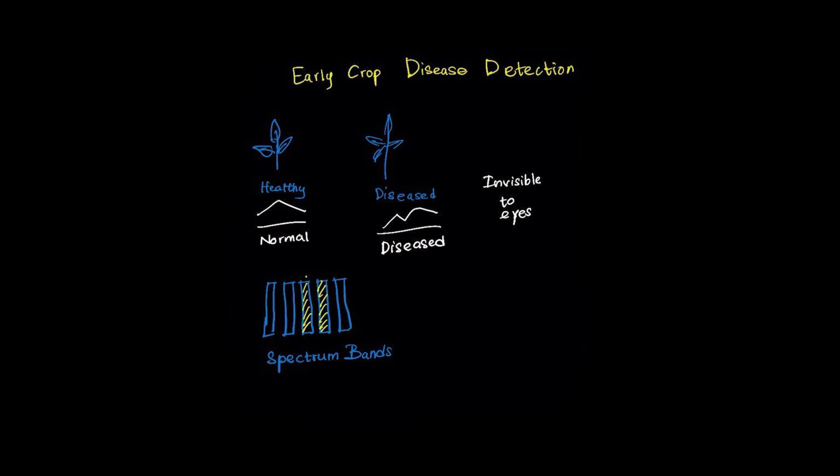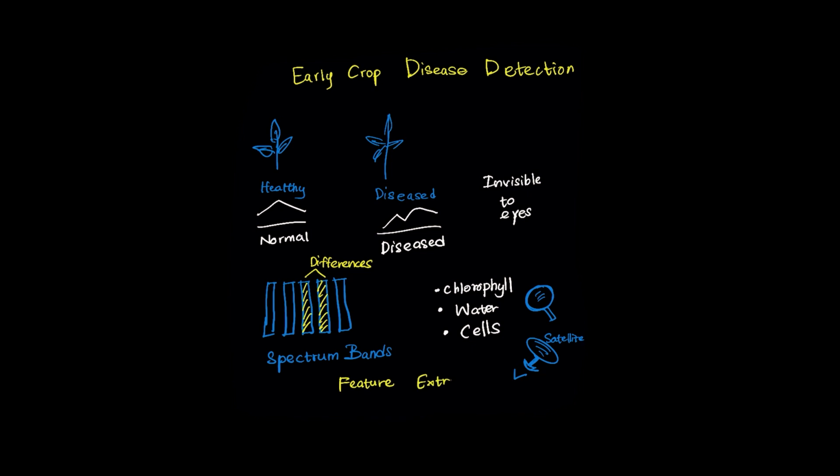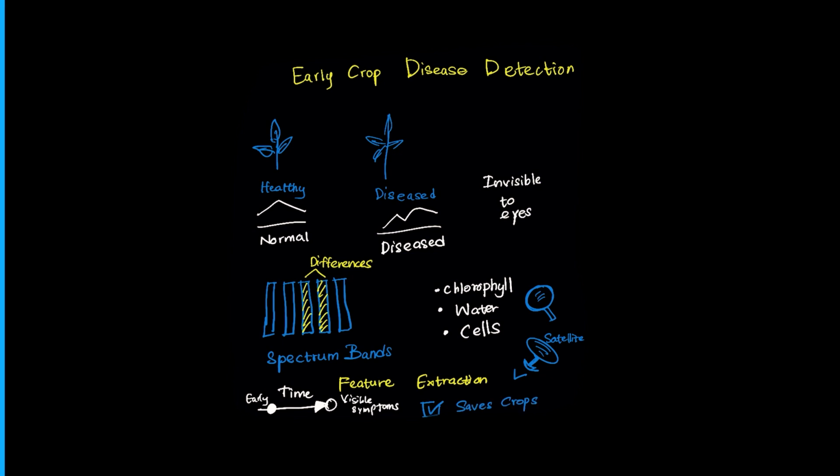The system analyzes reflectance patterns across multiple spectral bands, identifying minute changes in chlorophyll content, water stress, or cellular structure that indicate disease onset. Satellites use passive sensing capturing reflected sunlight, not active sensing. Object models assume known patterns, but early disease creates novel signatures. Reconstruction builds 3D models which aren't needed. Only precise feature extraction can identify these early warning signs before crop damage occurs.